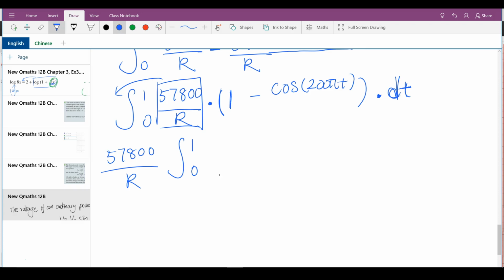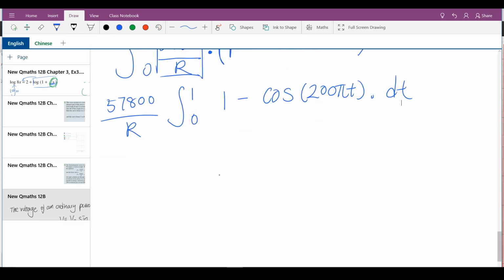So what we're left with in the bracket is just this: 1 minus cos 200 pi t, integrate with respect to t. Now that should be easy. So it would be 507,800 over r is equal to, let's integrate this.